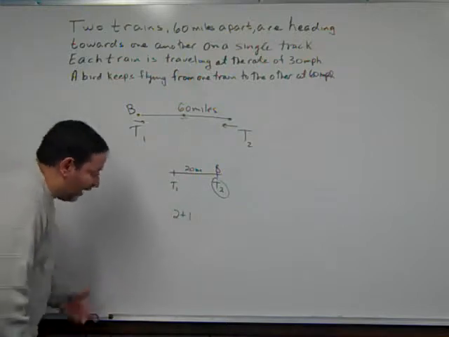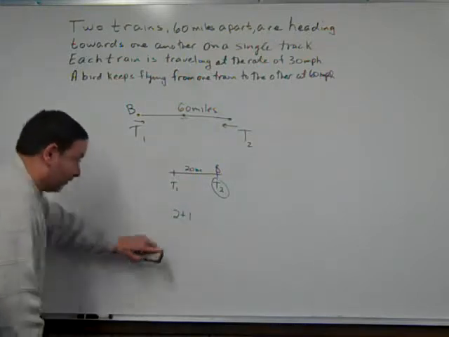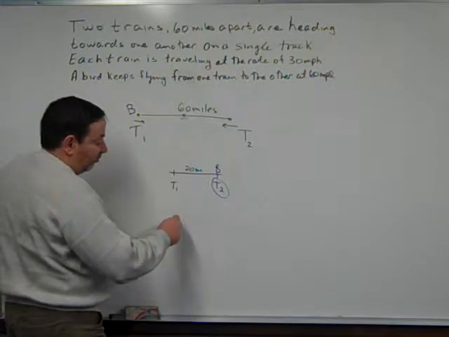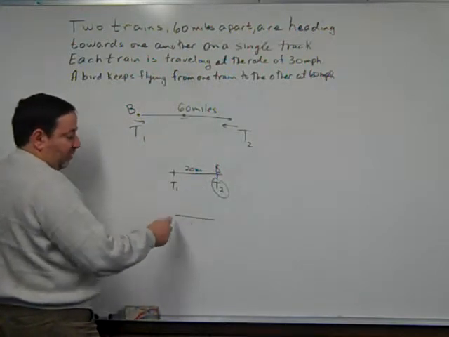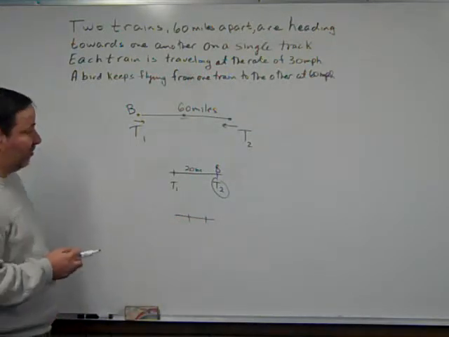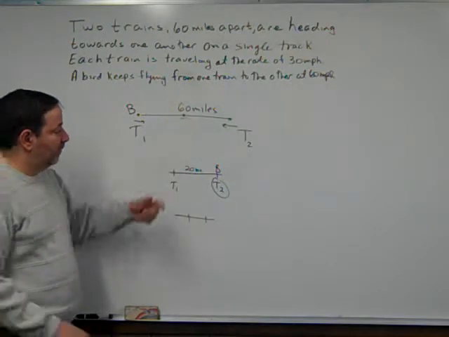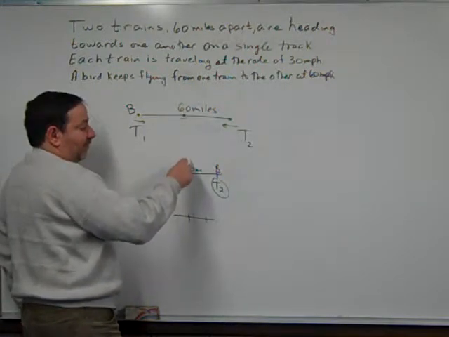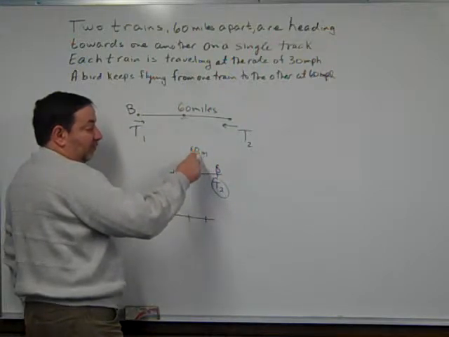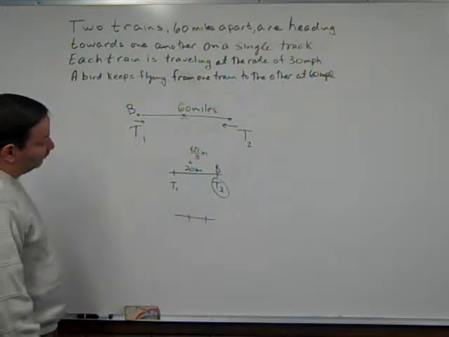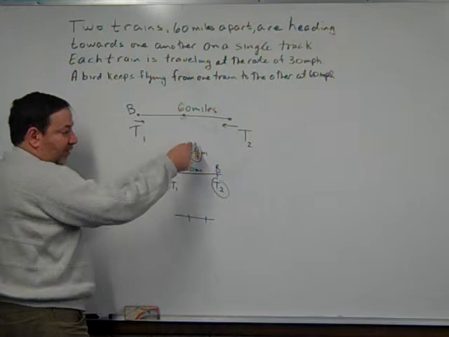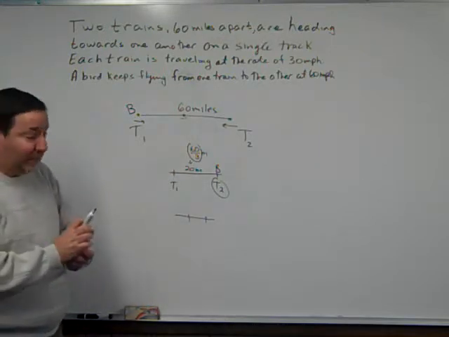Well, whatever the mileage is between the two trains, it gets split up into 3 equal pieces. Notice that this is 60 miles and this is 60 over 3 miles. Now, what happened is the 60 over 3 miles gets divided by 3.